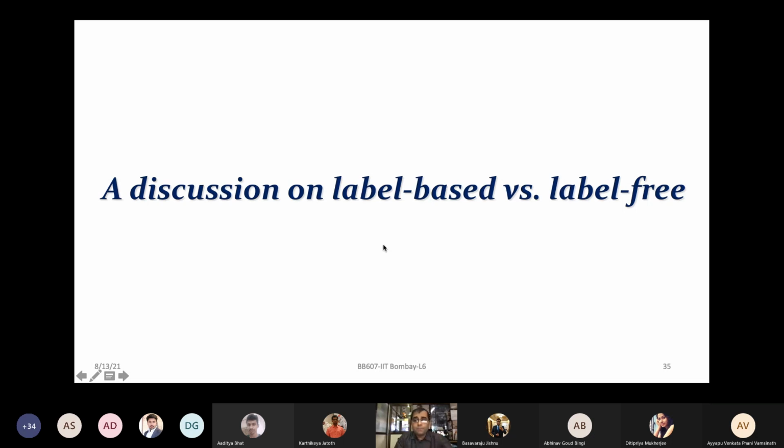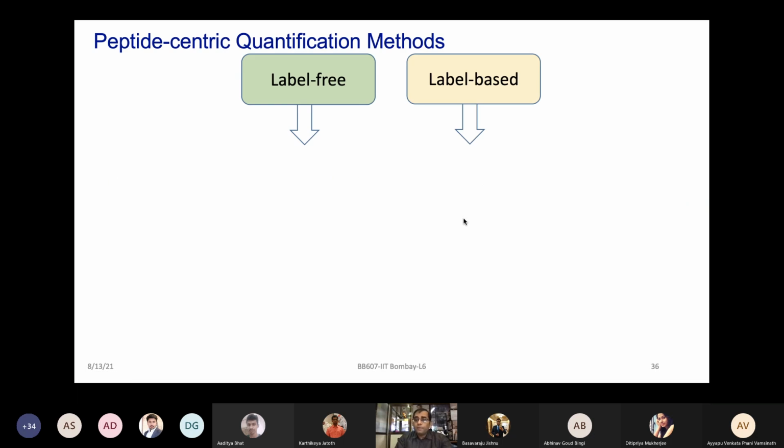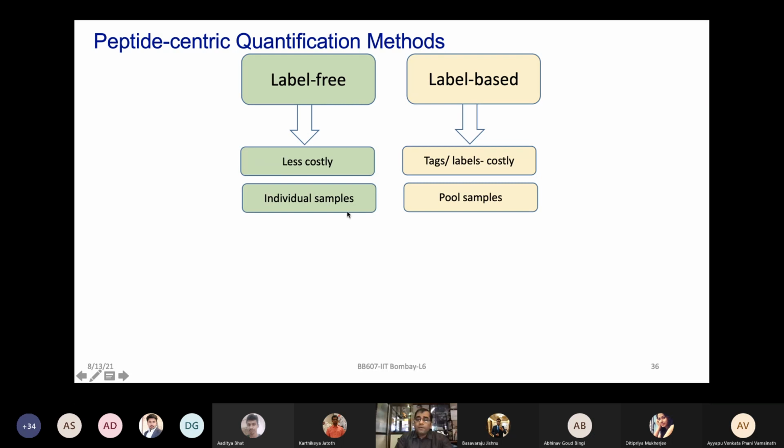I think we already had some questions which brought the context of discussing label free versus label based. I'll very quickly recap that label free is less costly because you're not buying those chemicals and not labeling. It is more powerful because you're not labeling every sample, you're acquiring data individually.